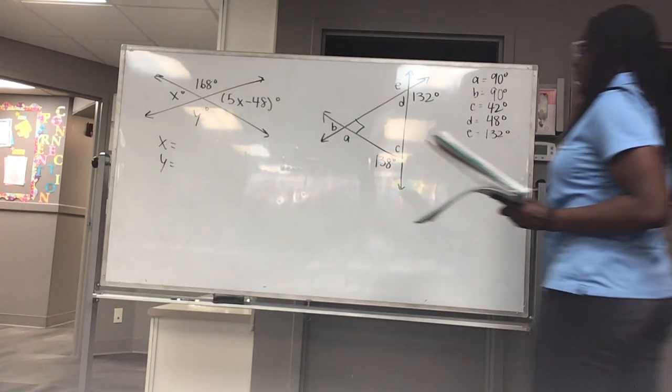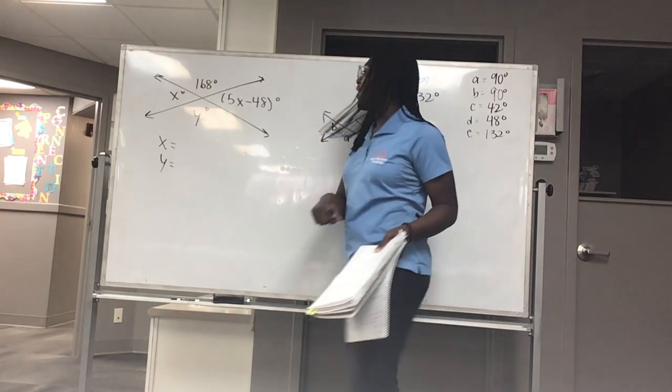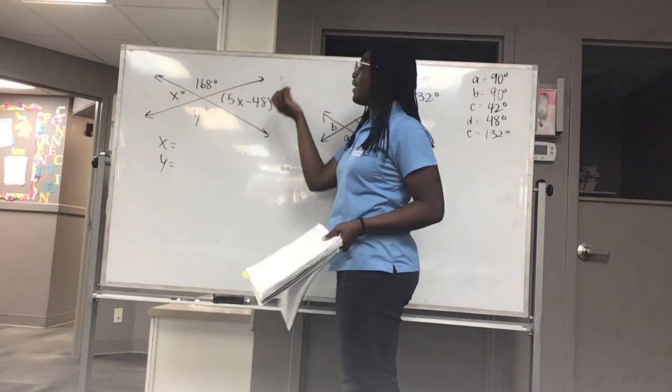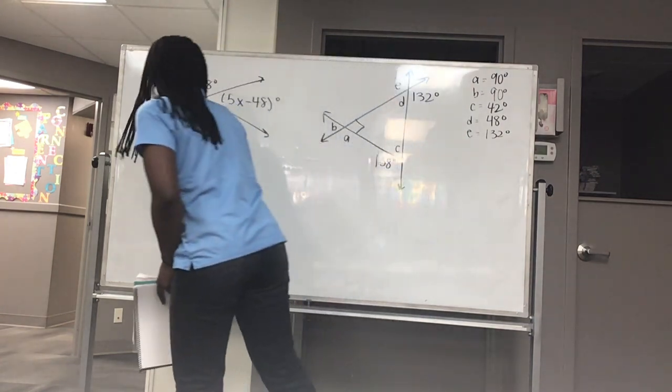Okay, so for this one, y is super simple to find because it's a vertical angle, and so we know it's automatically 168 degrees.